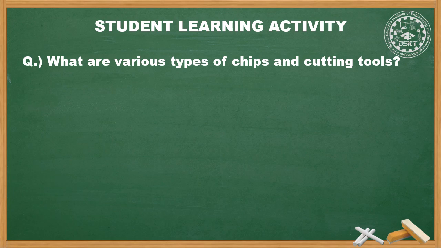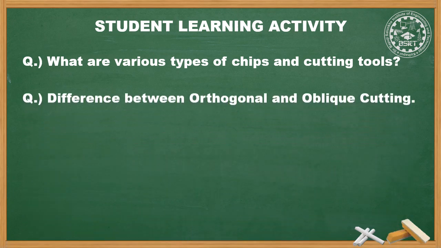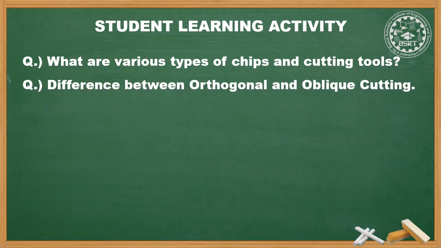Students, by listening to the previous session and this session, try to write down the answers to these questions, as these questions are asked in the MSBTE examination, in your winter or summer examinations, carried out for 70 marks. Second question, what is the difference between orthogonal and oblique cutting? Please try to write the answers in your own language by listening to these sessions.